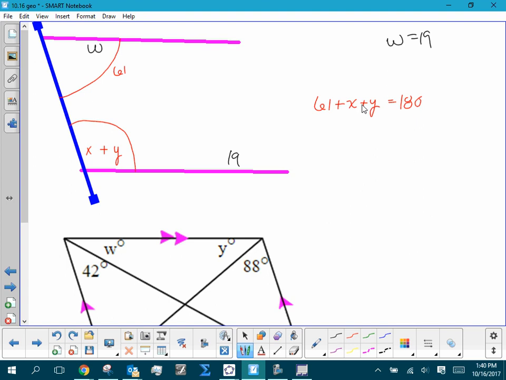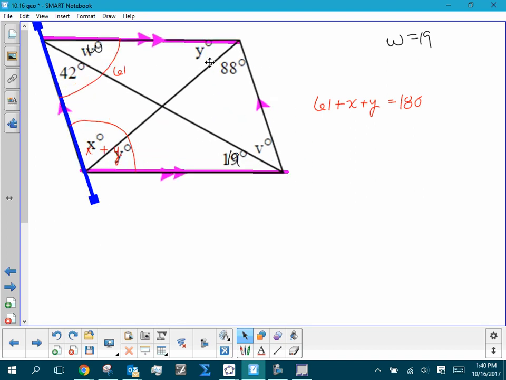It doesn't get me down to one value for those things, but what it does do is later on, when I try to find what X is, once I find X, can I come back to this equation and find Y? Yeah, or vice versa. But looking at those two parallel lines, I've kind of exhausted them, except maybe for this one, so let's look at that transversal and see if we can learn anything from that.